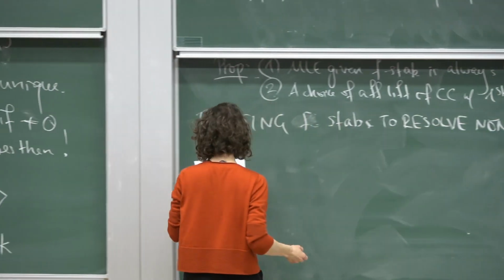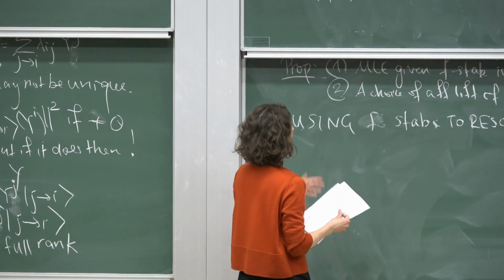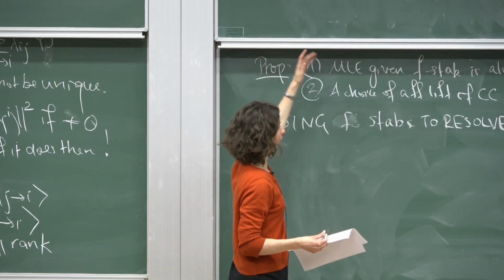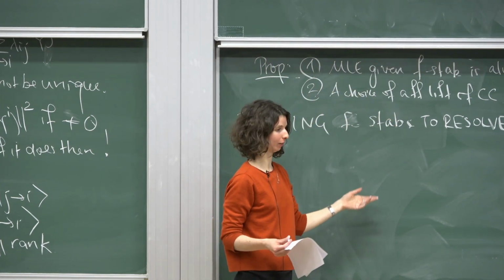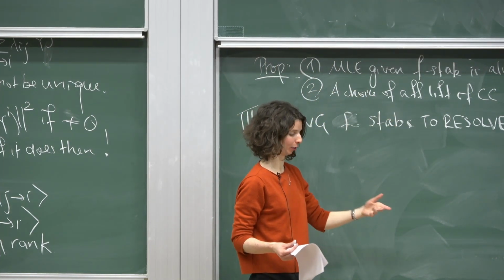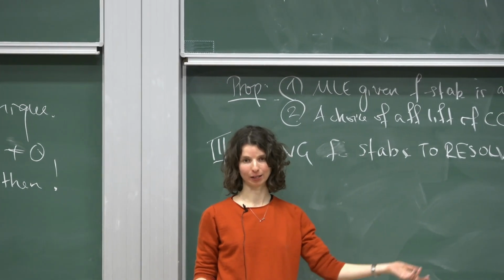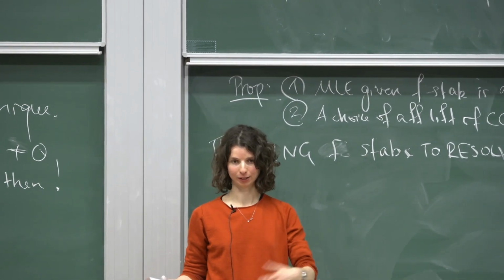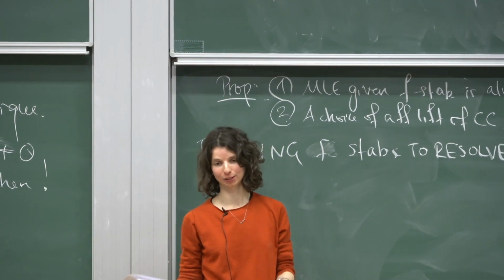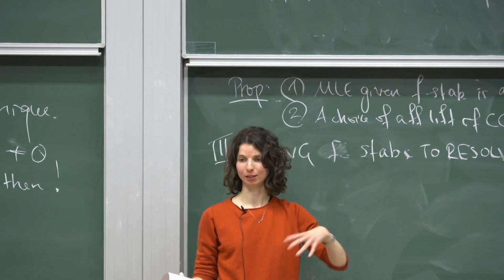The key question is: great, we pick a complete collineation or an affine lift of it, and we have a new sample, an F stabilization with a unique MLE. How does that relate to an MLE given the initial sample, if it exists, or if it doesn't exist, how do the lambda MLEs relate?